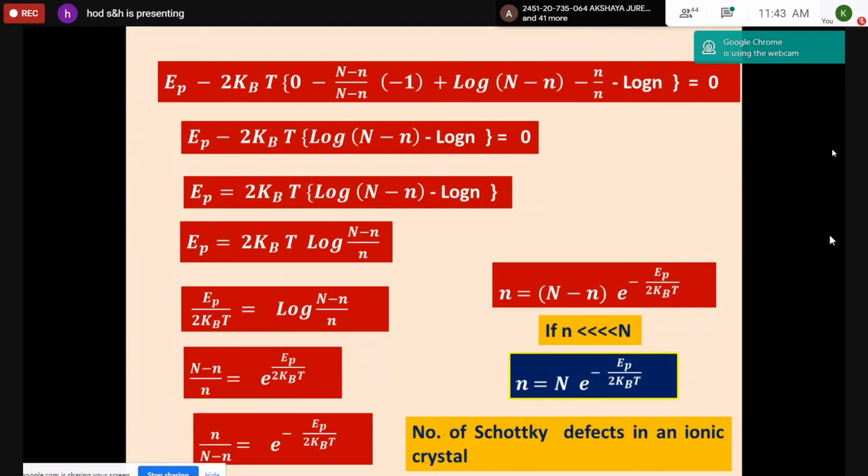And the second term is (N minus n) by (N minus n) into the differentiation of the second term, which will become log (N minus n). Here you will be getting minus 1 extra. In the third term, you will be getting plus 1 extra. So these two cancelled. I took this directly. So this is minus n by n into log n is equal to 0. You can elaborate and do this derivation also.